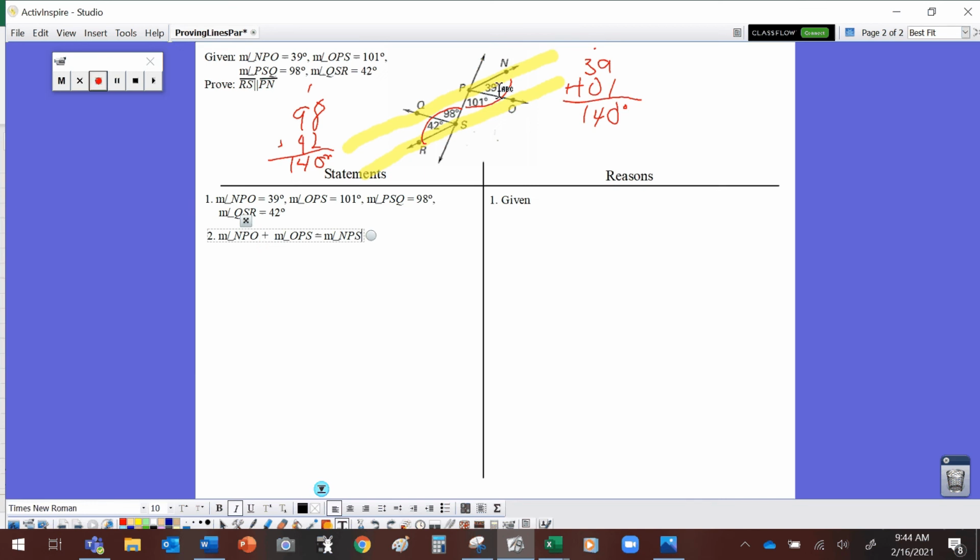Okay, if I add this little 39 degree plus this 101 degree, that equals that 140 degree angle. Now we can also say the same kind of thing with the angles down here, with the 98 and the 42.